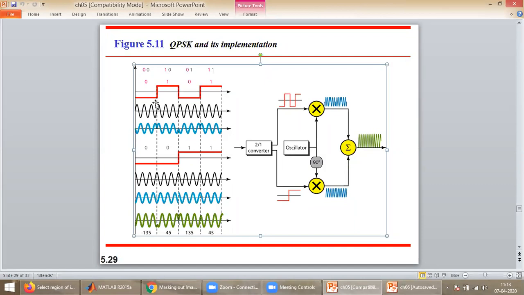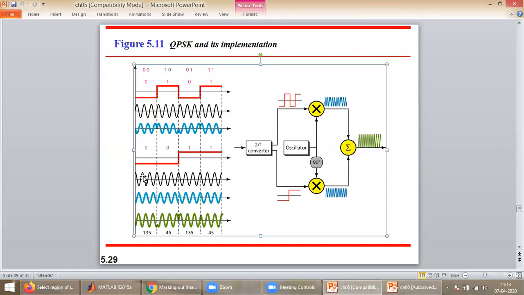Here the carrier signal frequency is what? 1, 2, 3 cycles per second. So we are using 3 cycles per second and the phase value is 0. Next consider the phase value 90.